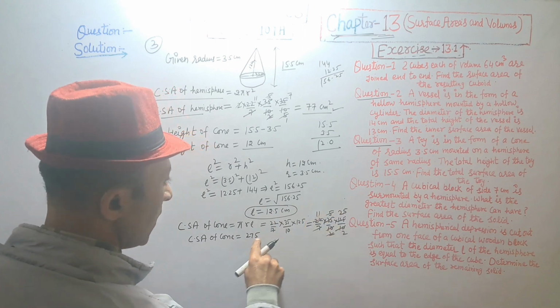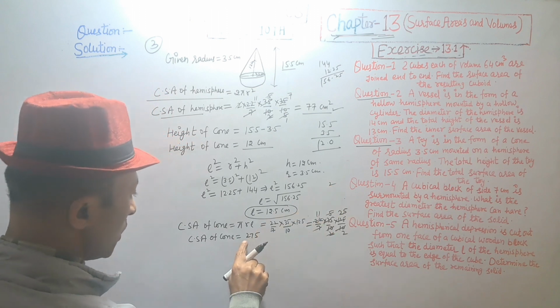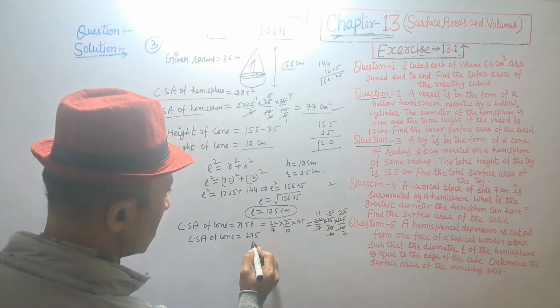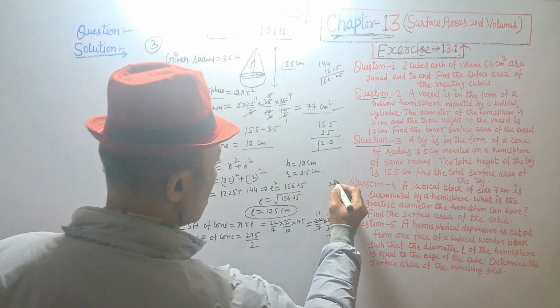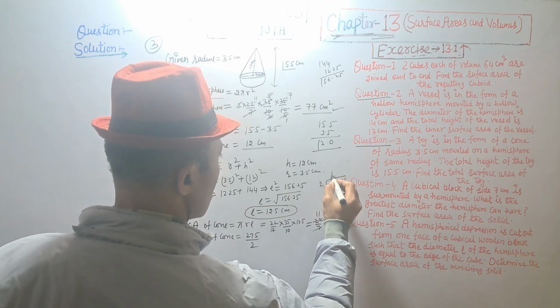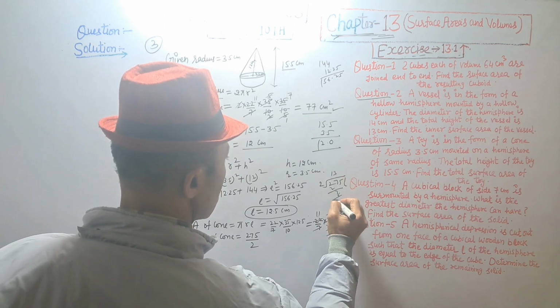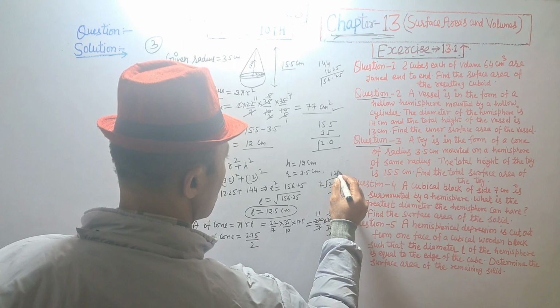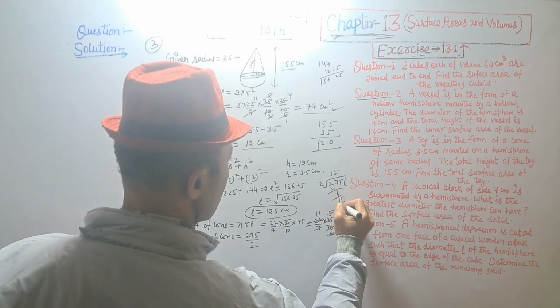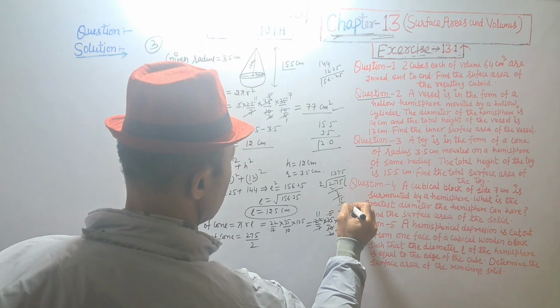25 ones are 25, 2 carry 25 ones are 25 plus 2, 27 divided by 2. 275 divided by 2, 2 ones are 2, 7 2 3s are 6, 1 5 2 7s are 14, 1.025s are 10.